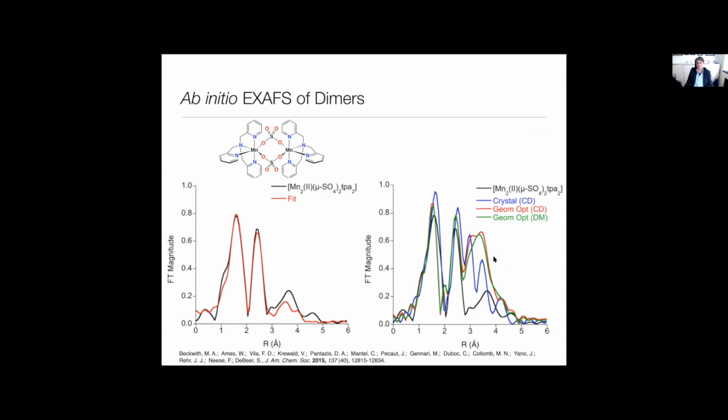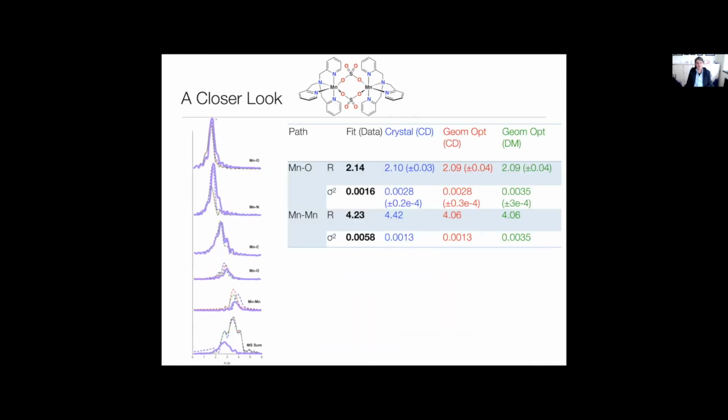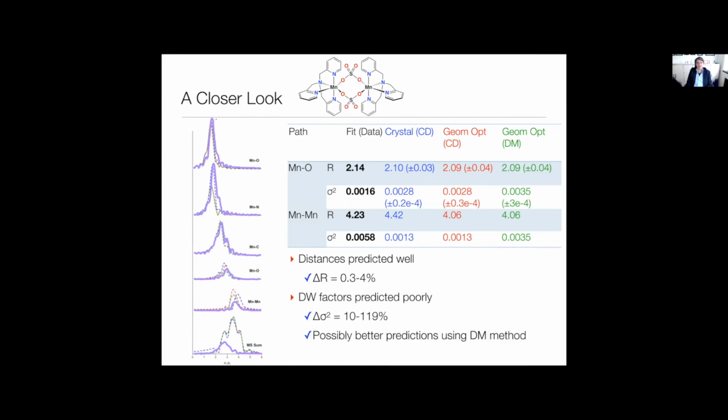These are all calculations here, and they don't agree with the black line at all. It's an absolute fiasco, and it is really here where the Debye-Waller factors are really hitting you. They can be off by an order of magnitude, and then the calculated EXAFS just goes to pieces. And it's particularly these metal-metal scattering pathways. They're extremely bad.